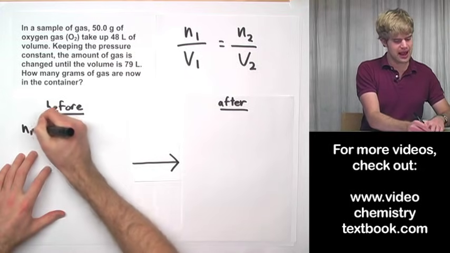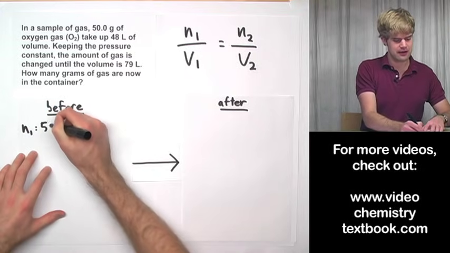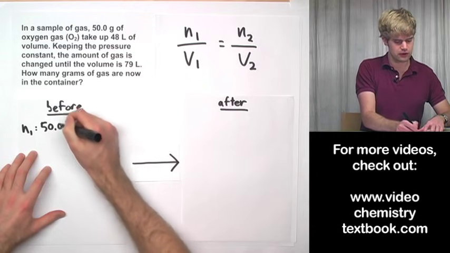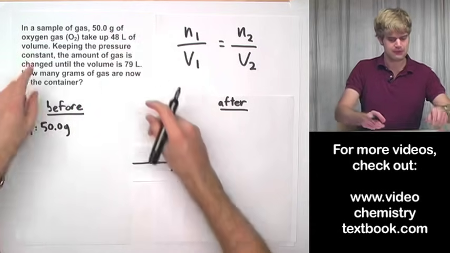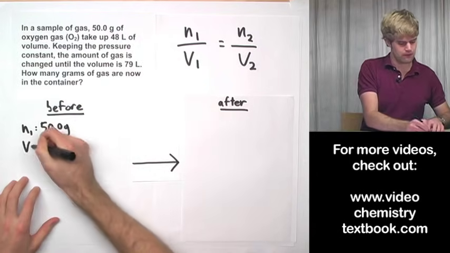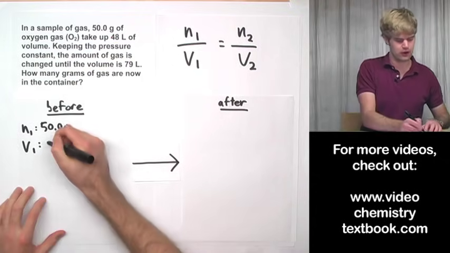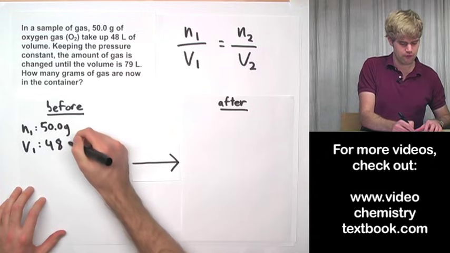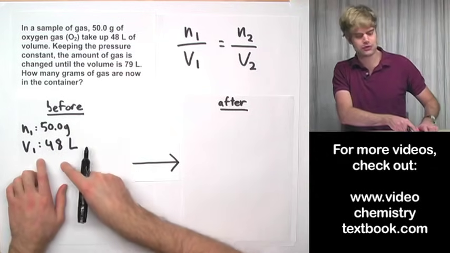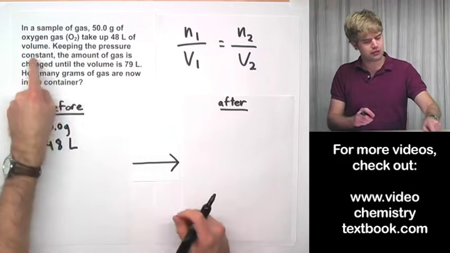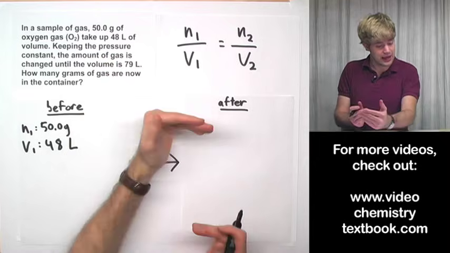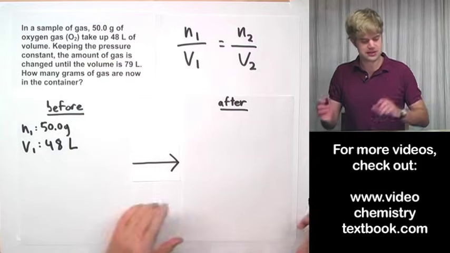So that means that N1, I'm going to make that 50.0 grams. And the volume, it says here that they take up 48 liters of volume, okay? So 48 liters is before the change. Now here's the change. Keeping the pressure constant, the amount of gas is changed until the volume is 79 liters.